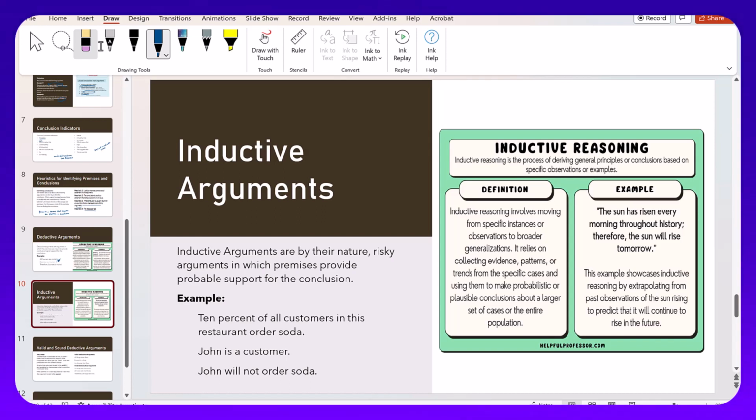Essentially with inductive arguments, it's a matter of degrees, from a small possibility, like John will not order a soda, to a whole lot. If we go back to the murder one, a woman has been found murdered, the husband is known to have threatened her repeatedly.